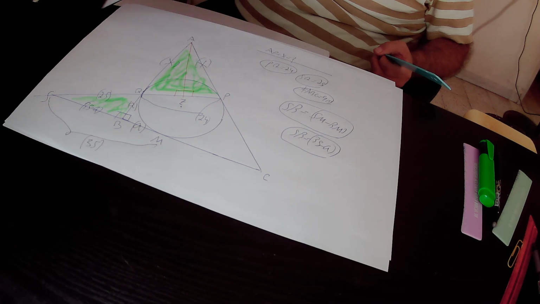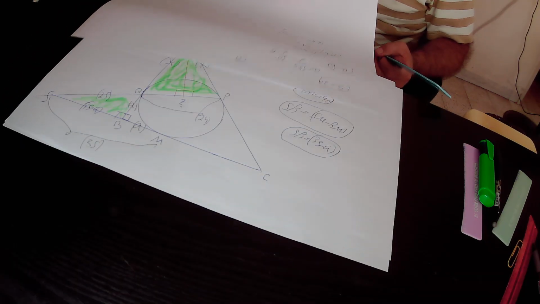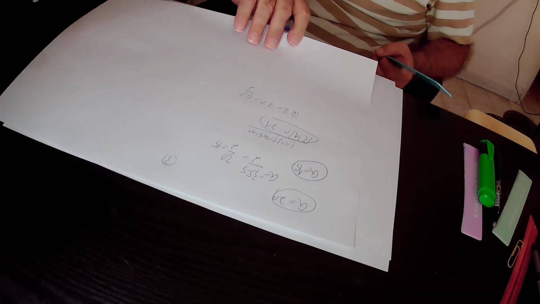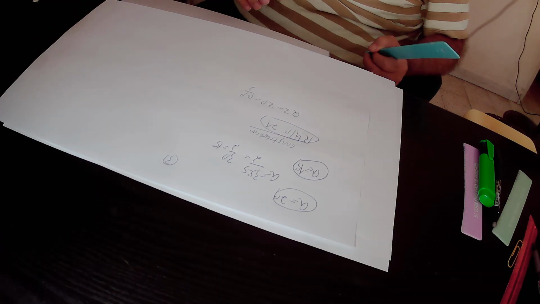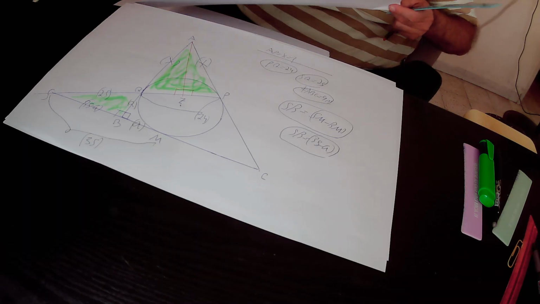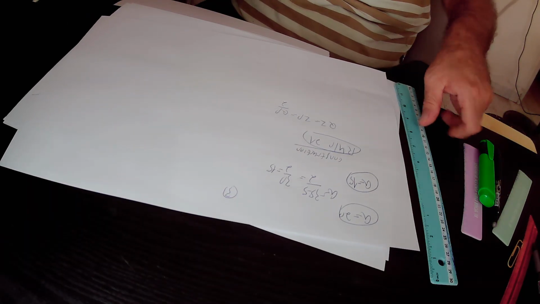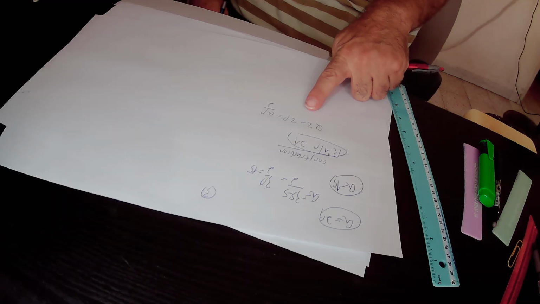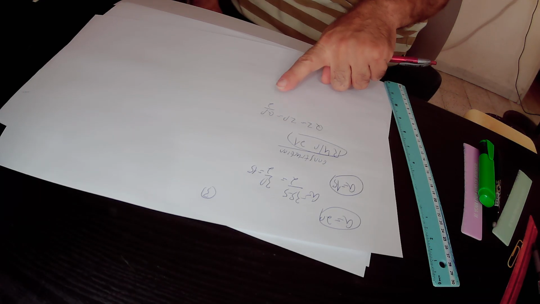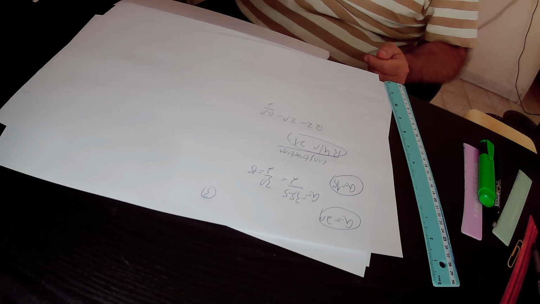Again, in the isosceles triangle AQP, the perpendicular AZ bisects the base QP into two halves. The first half is QZ, and it equals the second half ZP, and each half equals QP over 2.